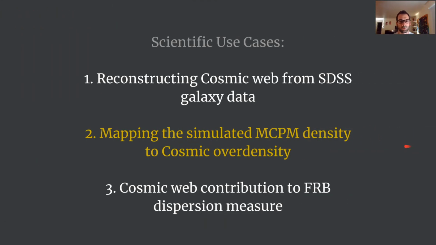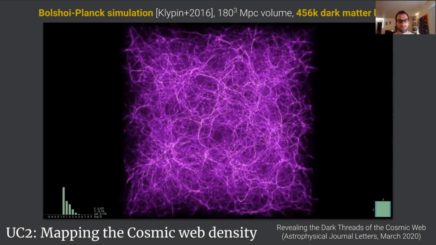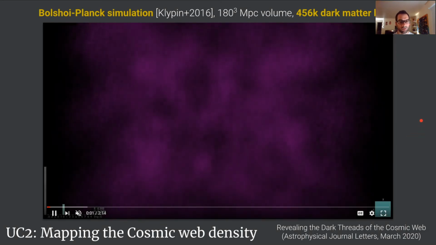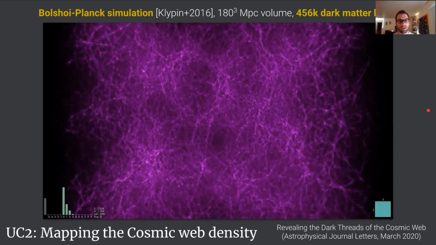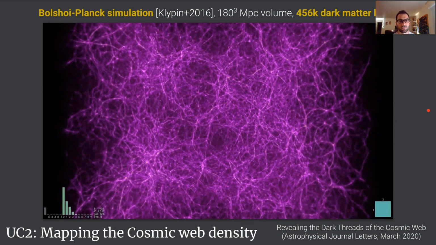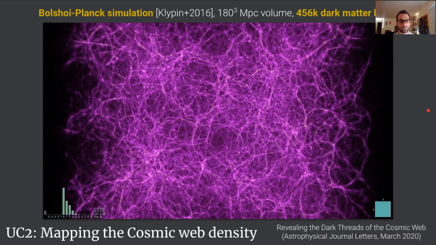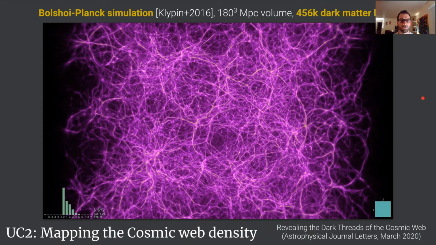The second task was mapping the simulated MCPM density to cosmic overdensity. So cosmic overdensity is a real physical quantity that astronomers recognize, and to get this, we actually fitted the model to a simulated data, in this case containing 450,000 dark matter halos.